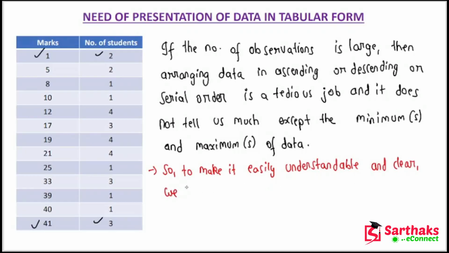We can tabulate the data, and that is what we did. We have tabulated the data. Now this data is looking pleasant, this data is very useful, and you can find various things out of it.